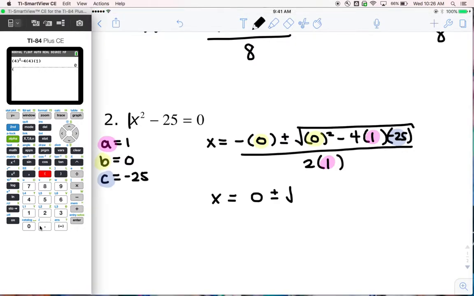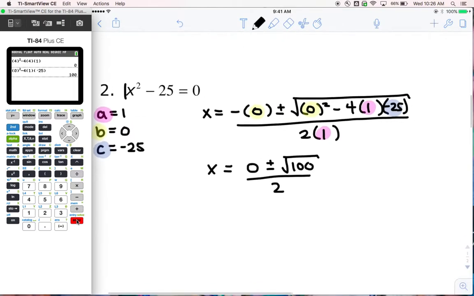So we have 0 squared, which again is probably silly to even write, minus 4 times a, which is 1, and c, which is negative 25. Don't forget the negative. And we get 100. So 100. All right, all over 2 times a, which is just 2.